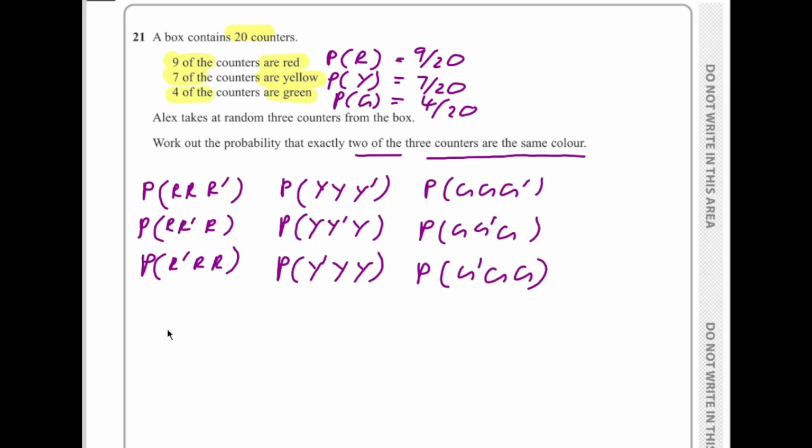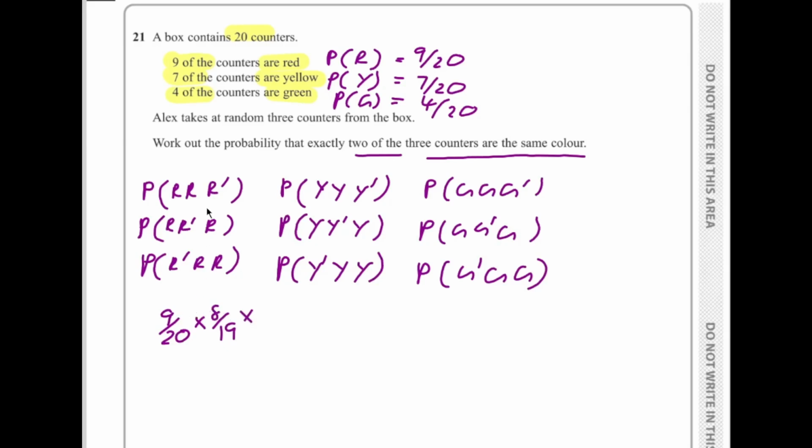So let's get the probability of red first. The probability of red the first time is 9 over 20. When I'm picking it the second time, there would be only 8 red counters, and the total would decrease to 19.